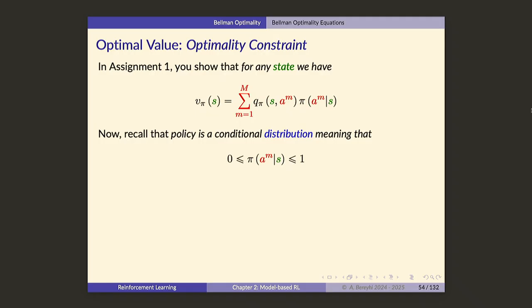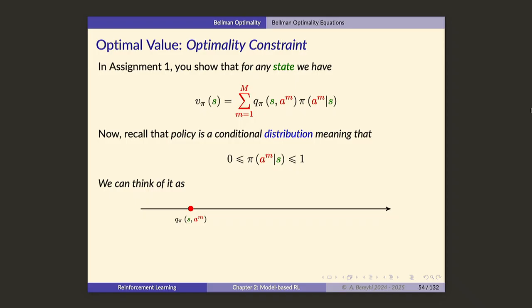Now, let's use this very simple fact to see how this value is going to behave if we do know this action value. So I consider this axis. Here, when you go right, the value is larger. When you go left, the value is smaller. Now, I just show the action value for one particular action with a red dot.